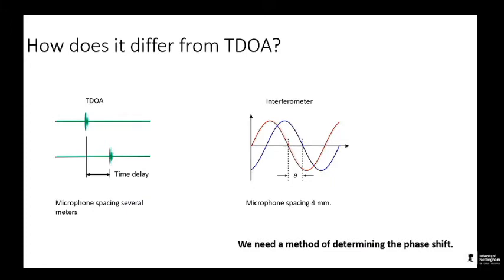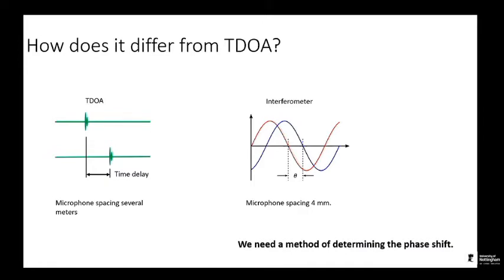With this method, which is essentially a simple interferometer, if you looked at the recordings at the time resolution on the left, they'd arrive at exactly the same time. You wouldn't be able to see the difference because the microphones are so close together. But if you zoom in on the time axis, you see a little phase shift. From that phase shift, we can determine the angle.